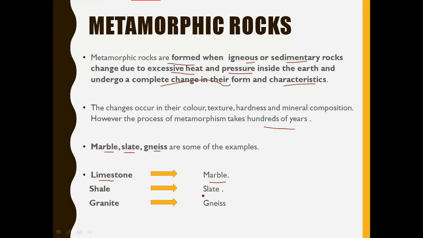It also converts into slate, which is a metamorphic rock, and has entirely different color, texture, hardness, and mineral composition. Granite. Now, I talked about granite. Granite is an igneous rock, and later, with the excessive heat and pressure, it changes its form, character, and now it becomes gneiss, which is a metamorphic rock.